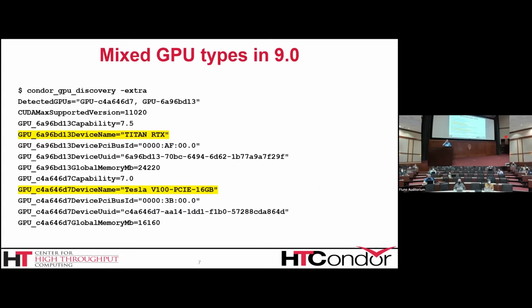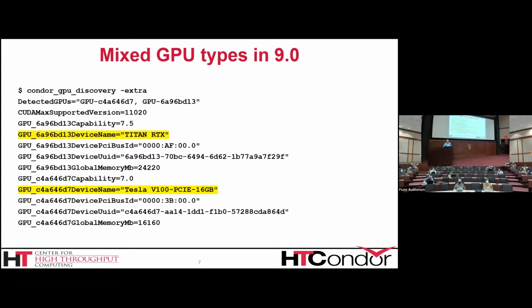So here's a machine that we have that has two different kinds of NVIDIA GPUs. It still has stable GPU identifiers, but the only attribute that is common to these is the CUDA max supported version, which is actually about the driver library and not actually about the GPU at all.